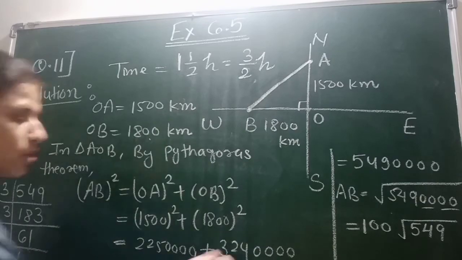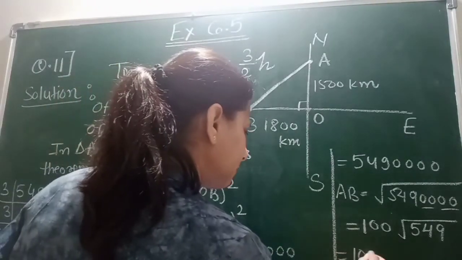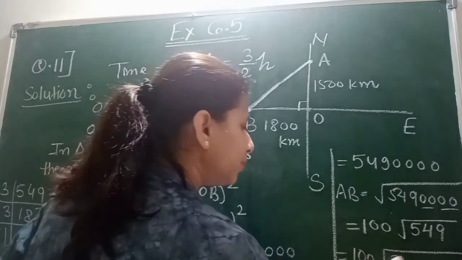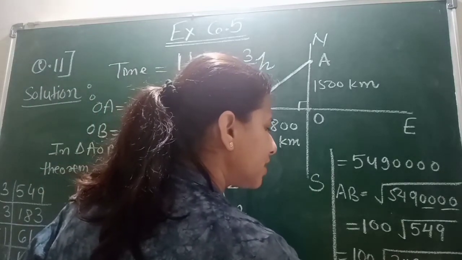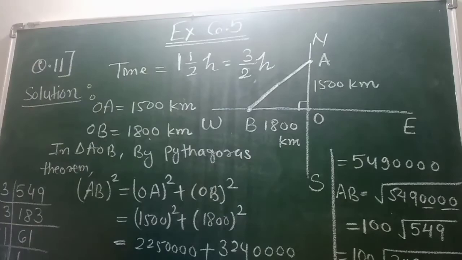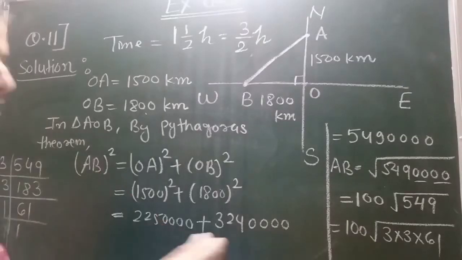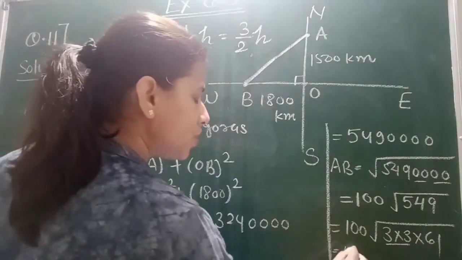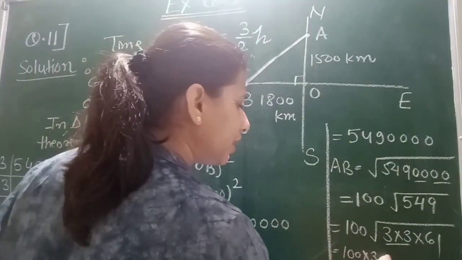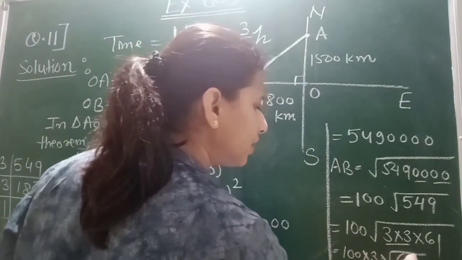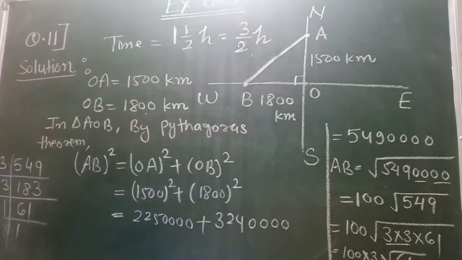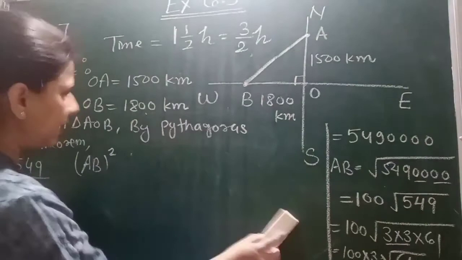In square root what will remain? 3 into 3 into 3 into 3 into 61. Since here 3 is in the form of pair, so 100 into 3 within square root 61. And when you multiply this 100 by 3, what we will get?